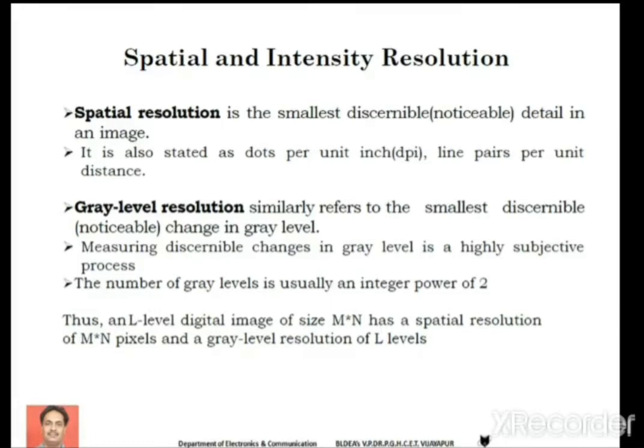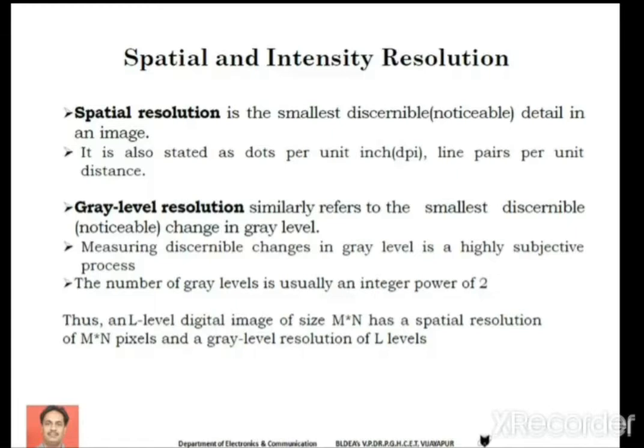Now, if you have an image of size M into N, and that image has L number of intensity levels, then M into N is called the spatial resolution, and L is called the gray level resolution of the image. So remember these definitions.